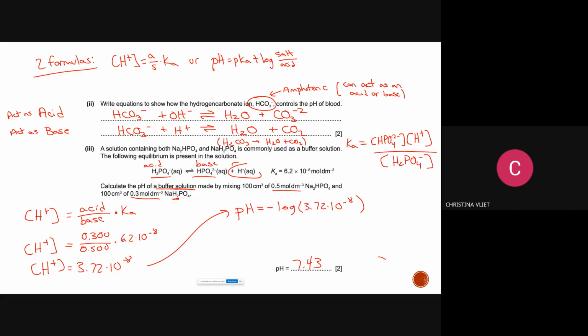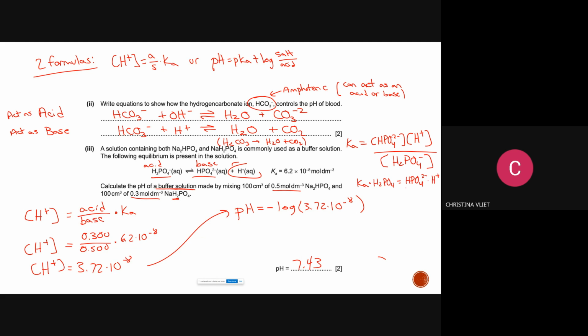Is this just a rearrangement to solve for H plus? Is my question to you. See if you can do that. How would you do that? These two would switch to the other side, right? You would do Ka multiplied by H2PO4 minus equals HPO4 2 minus times H plus.